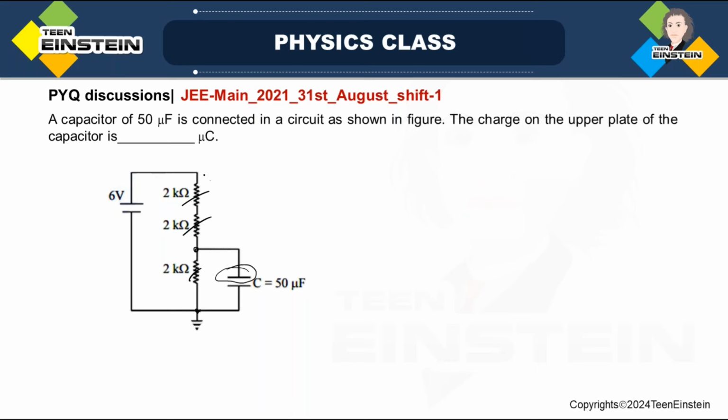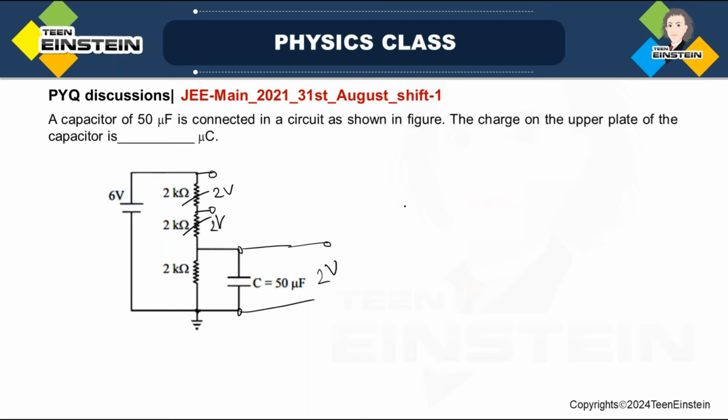Okay, so the voltage drop across each will be 2 volt, 2 volt. Okay, and across this also will be 2 volt. And since this capacitor is connected across this resistor, we'll have potential difference across this capacitor also 2 volt.